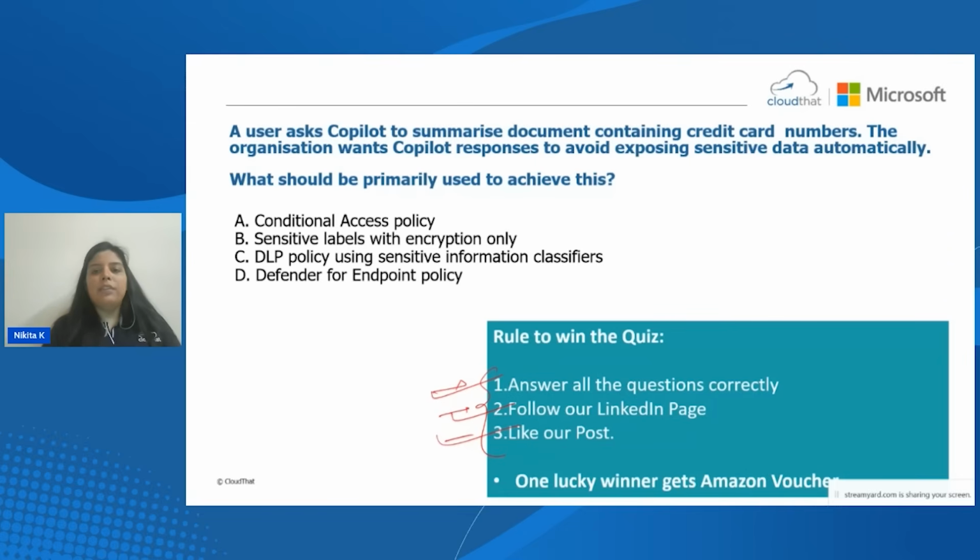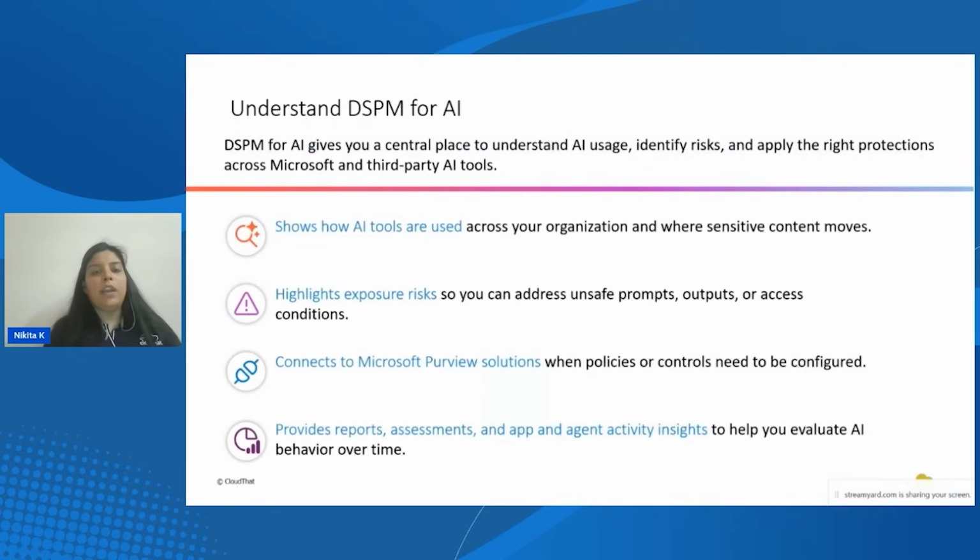So I hope you all have given the correct answer. Now, which policy should I create, how can I maintain my security posture, how can I monitor the user activity, everything is given by your DSPM, Data Security Posture Management. Now, in our case, we will be talking about AI, which policies you should create, because whatever data you are accessing, your Copilot will also access it.